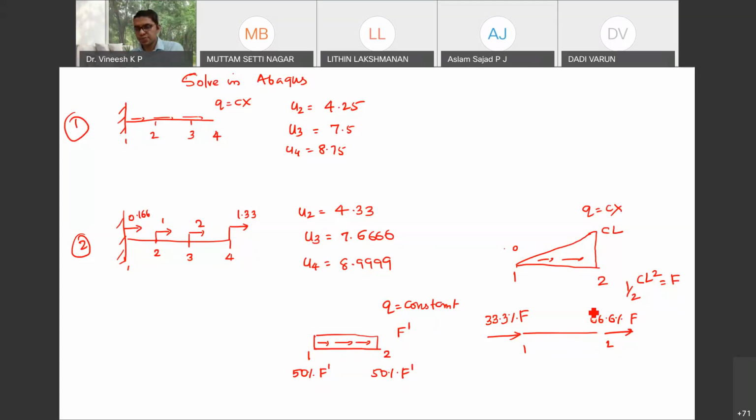In case of triangular load, 33% will be distributed on the first node and 66.6% on the other. And if you have some exponential type loading, let's say I'm talking like this, this is my first node and this is my second node. Q is equal to, let's say, some constant times e raised to x.